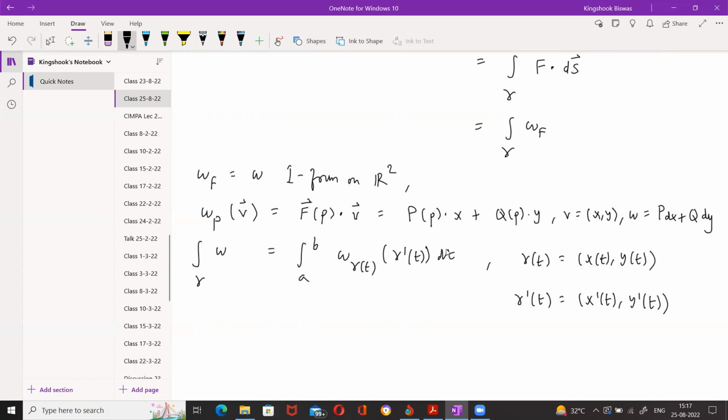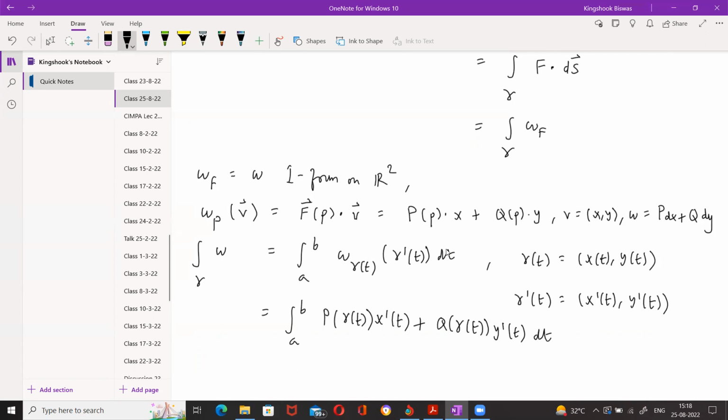And so this integral will become P at the point gamma t times x prime t plus Q at the point gamma t times y prime t dt.